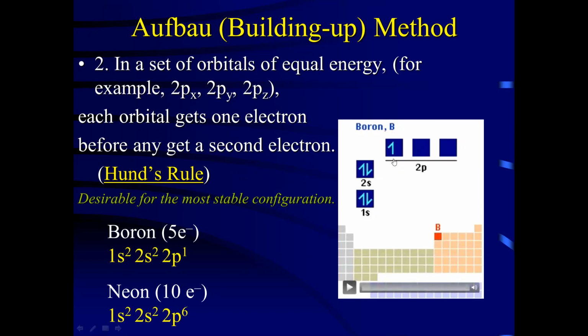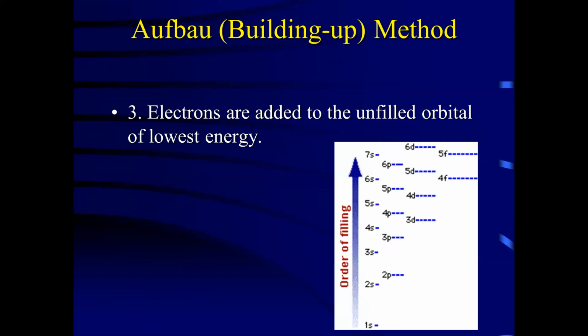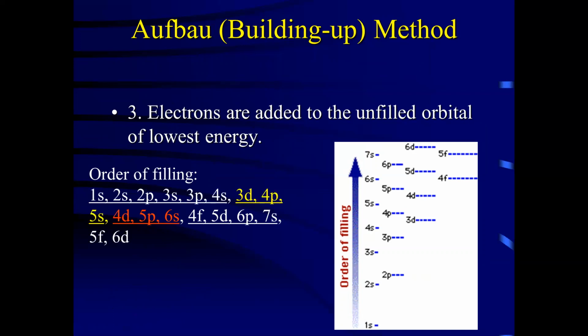We cannot fill this one first and then do here, no. Like I said, electrons like to stay in the lower energy first. So according to the third statement, the order of filling the electrons into the orbitals will follow this sequence.